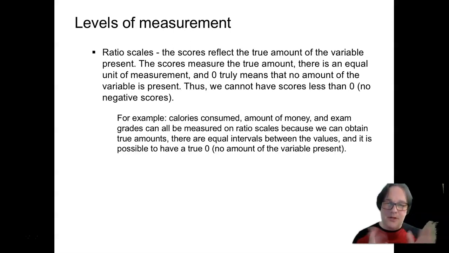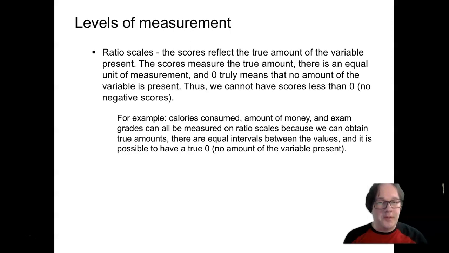But let's, all jokes aside, and without being hypothetical or getting too philosophical here, some examples of ratio scales might be the amount of calories that you consume. Maybe you didn't eat anything in a day. You consumed 0 calories. That 0 actually means 0.